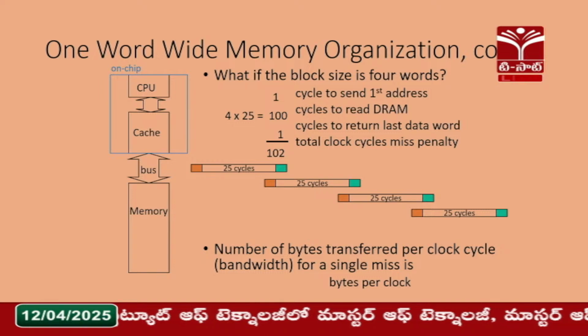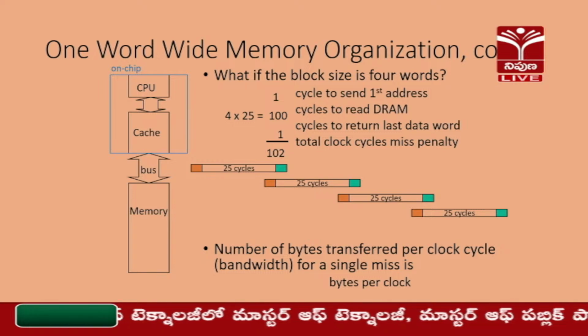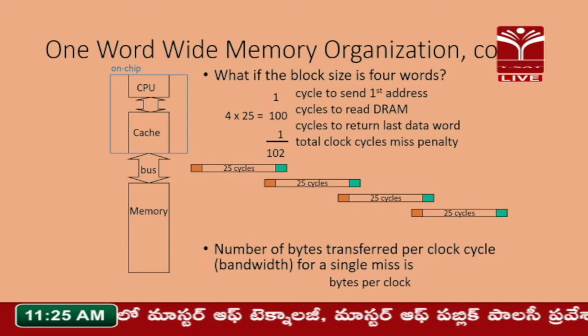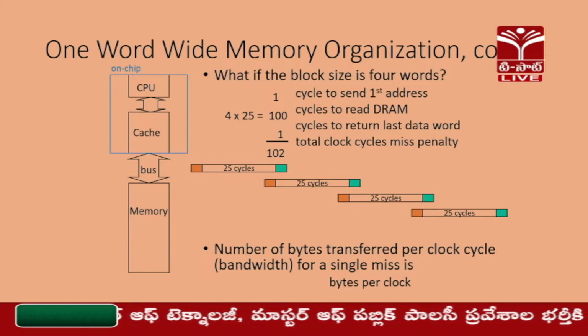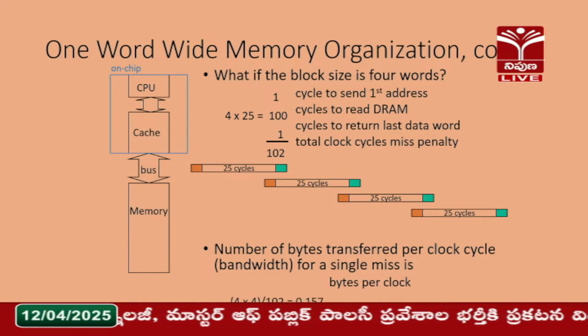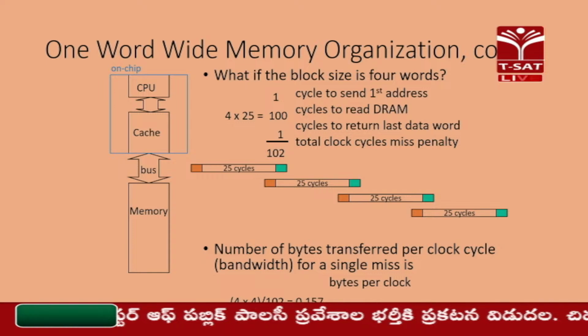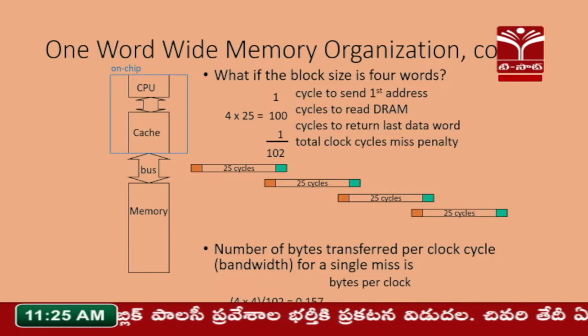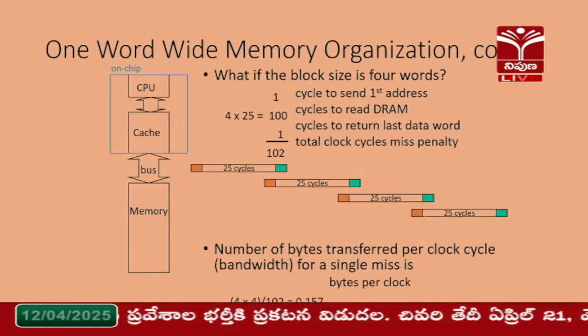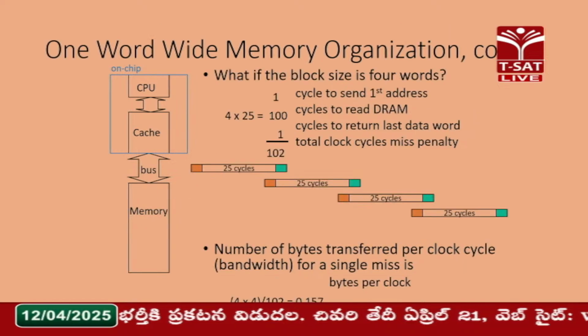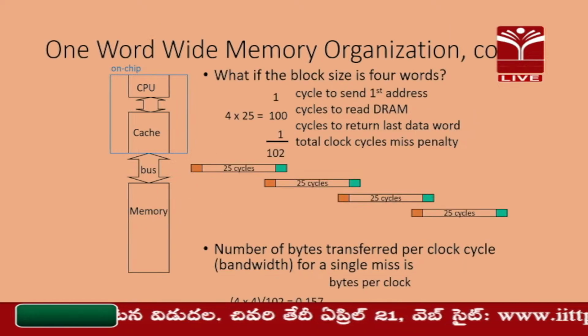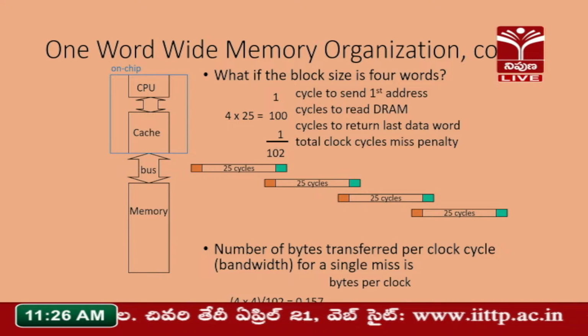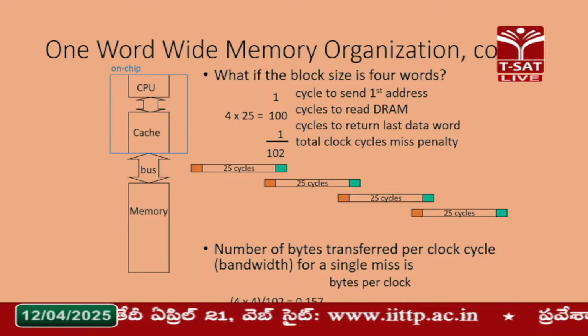So, you are taking a 32 bit bus, but I am transferring 4 words at a time. The total throughput is 4 into 4, which is 16 bytes, divided by 102, which is 0.157. So, the throughput has increased slightly from 0.148 to 0.157, which is a slight improvement.